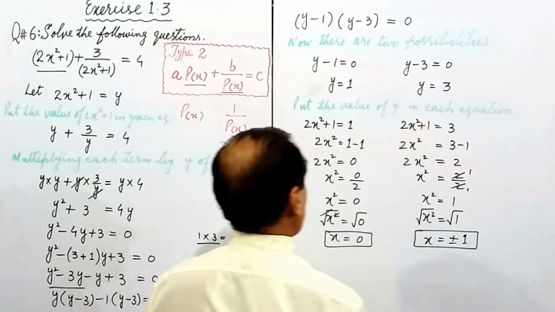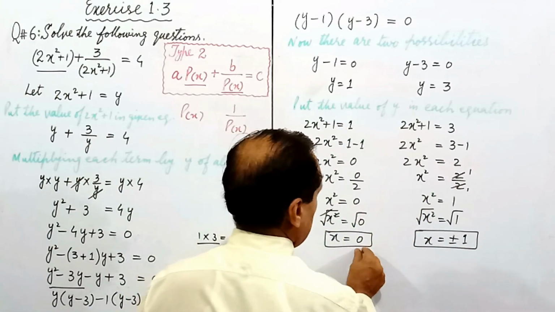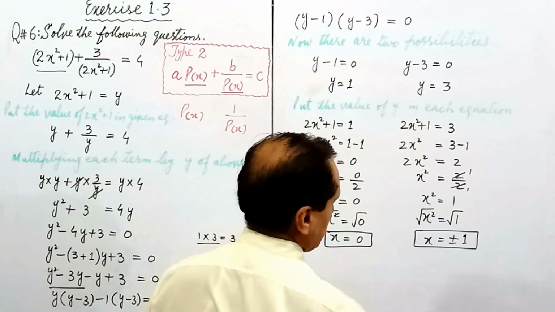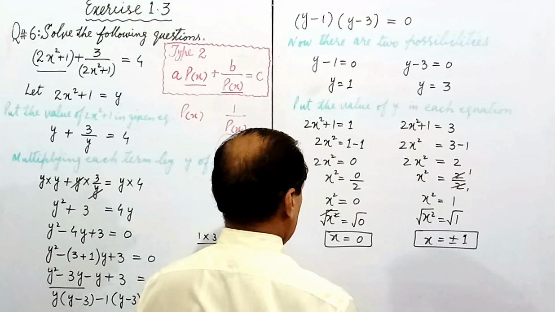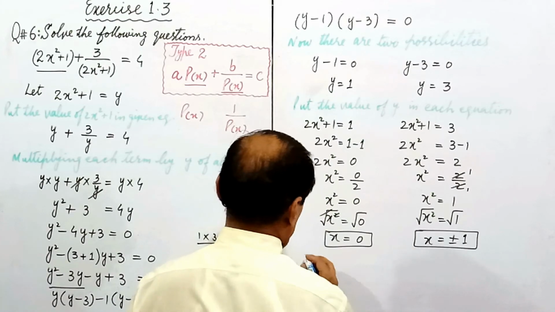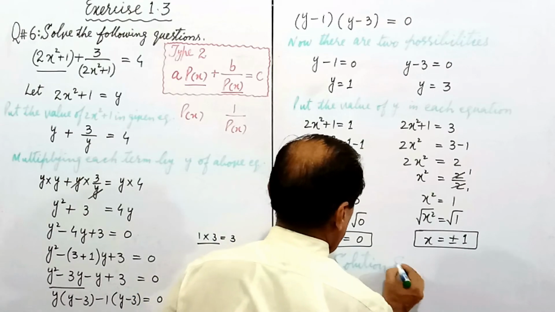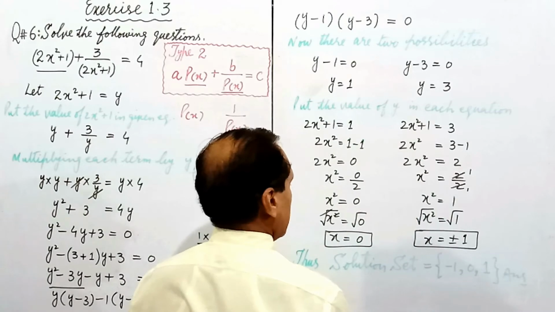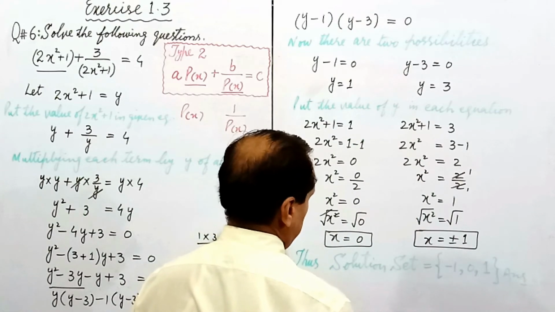As in both cases we have integers, meaning 0 and plus minus 1, we write the solution set as minus 1, 0 and 1. So the solution set is minus 1, 0, 1. That's it for question number 6.